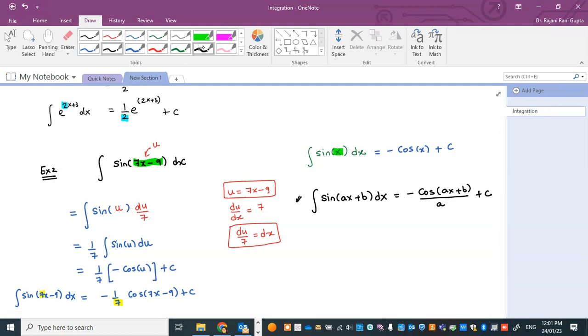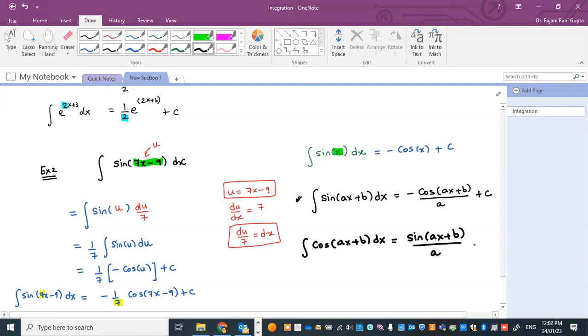On a similar basis, we can derive the rule for other functions like the integral of cosine of ax plus b dx. As we know that the integral of cos is plus sine, it becomes sine of ax plus b divided by a plus c. What we did is we just divided by the coefficient of x.